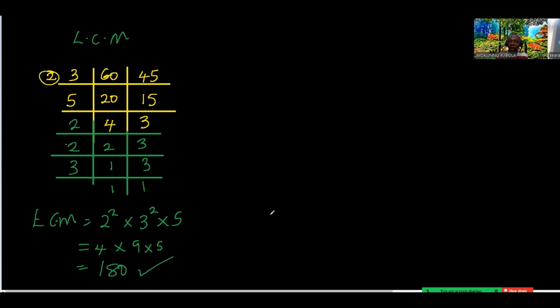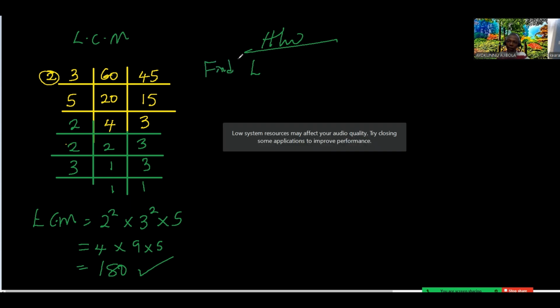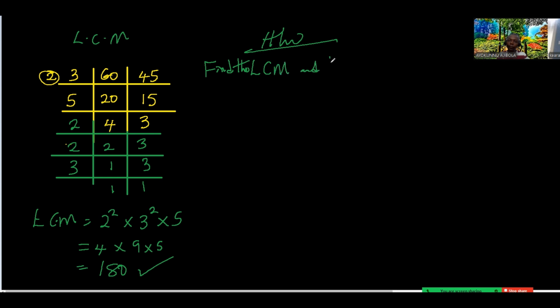So that is how to do it. So I'm going to send you this note. Then let me see the one you're going to try. So let's say you have to find, like, the homework, which I'll send over. Find the LCM and HCF of the two numbers.